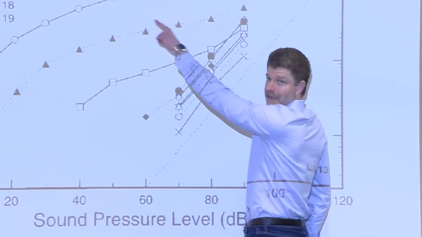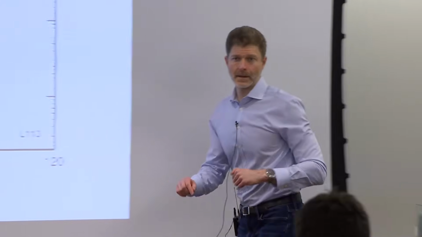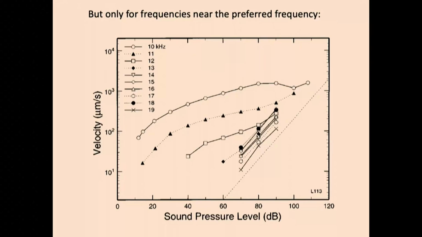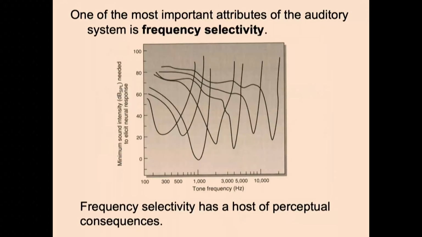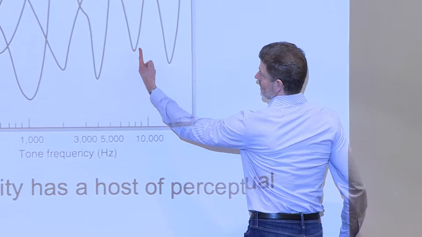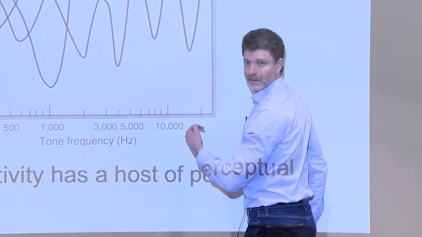You're getting the biggest response here at 10 kilohertz. On this graph, each one of these fibers has a different characteristic frequency. That gives you the tip of the tuning curve, and it corresponds to the place along the cochlea.